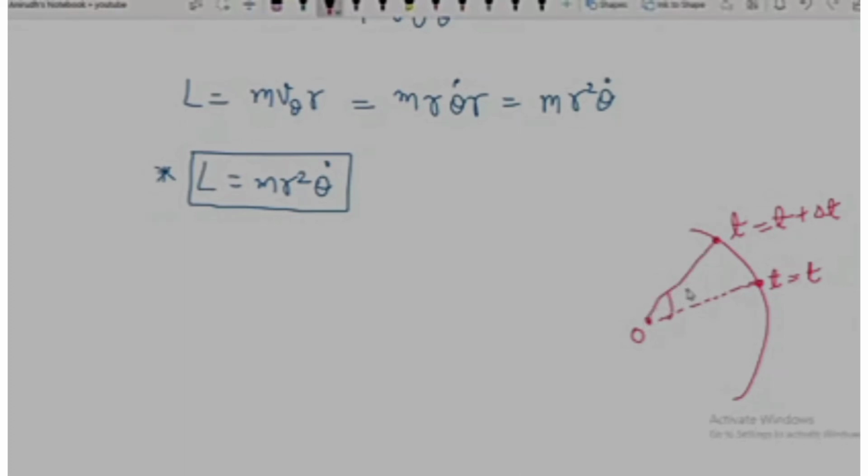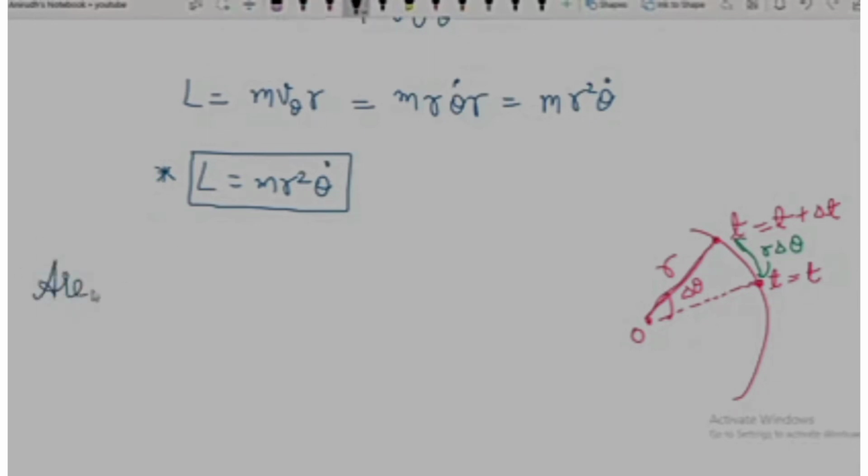Now the angular displacement will be delta theta. Next, let us consider r as the radius of that path, so this component will be r delta theta. This is a very small displacement, over a very small time difference.